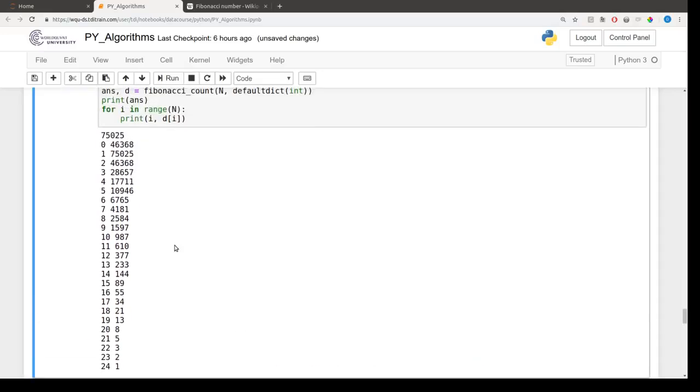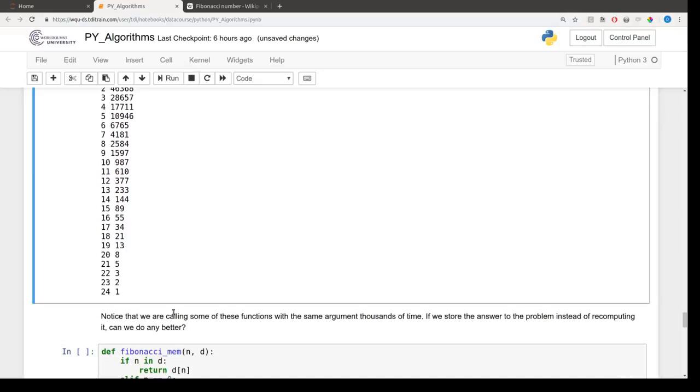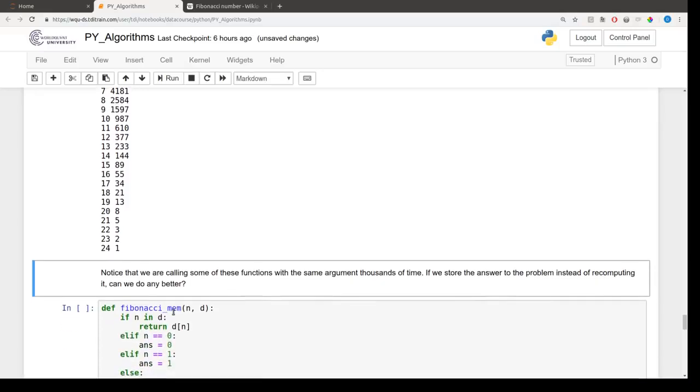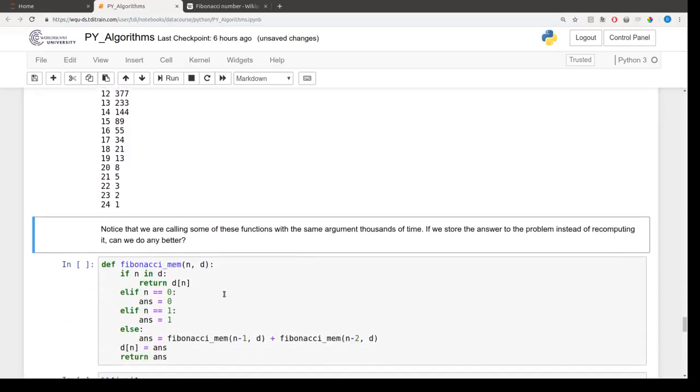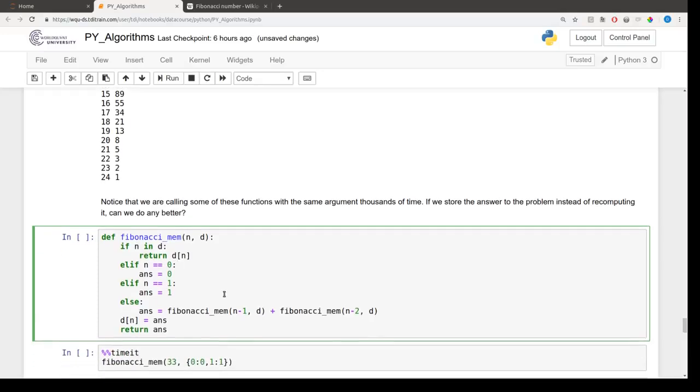So let's try and implement this idea that I've described of remembering what we've already calculated and calling upon it rather than making recursive calls. So we're going to now define this Fibonacci mem, for memoized, function.